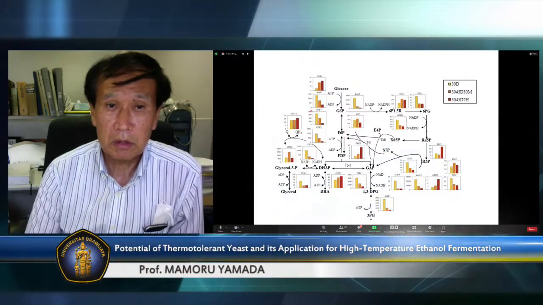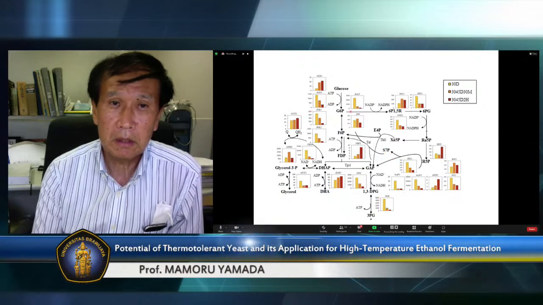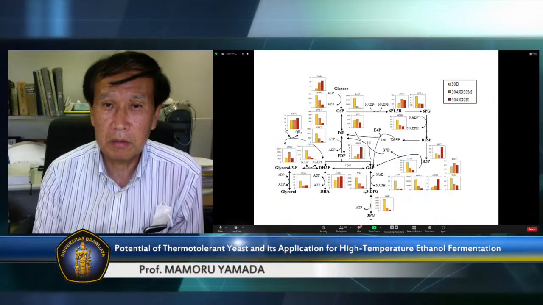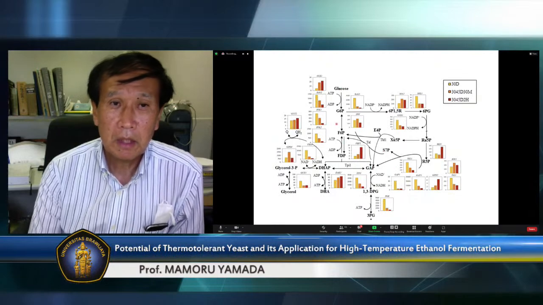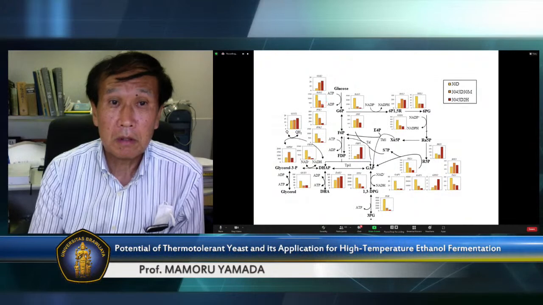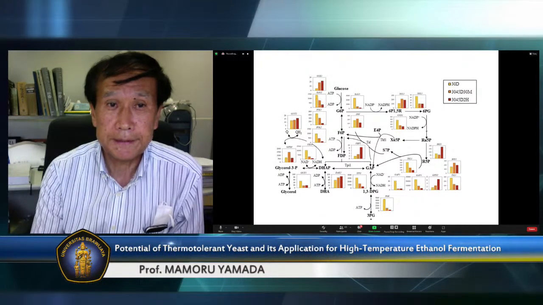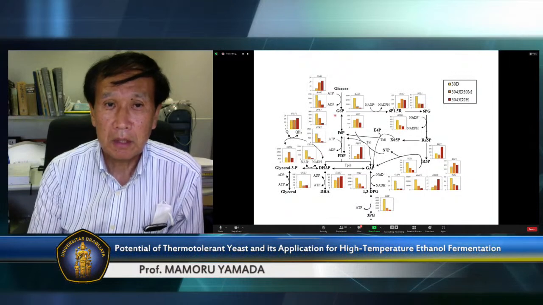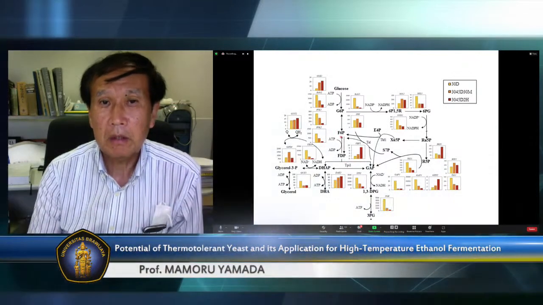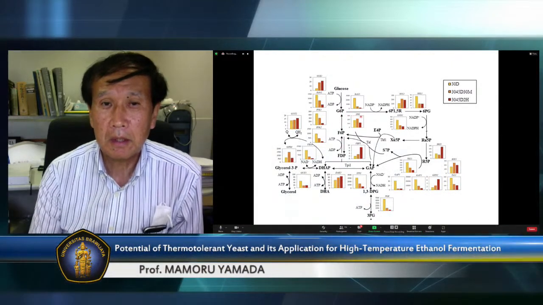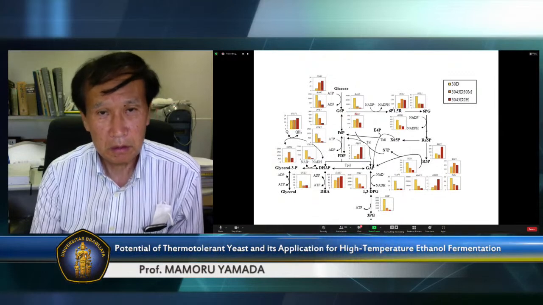So this shows some of the data, the glycolysis pathway and pentose phosphate pathway. Immediately after the temperature upshift, the expressions were reduced. You can see that in the glycolysis pathway, but in the pentose phosphate pathway, for example ZWF, it is nearly constant.